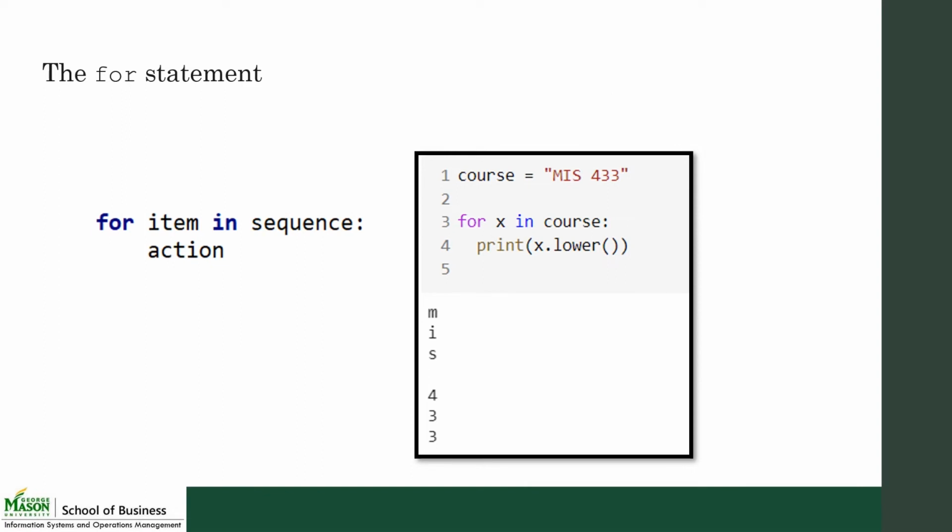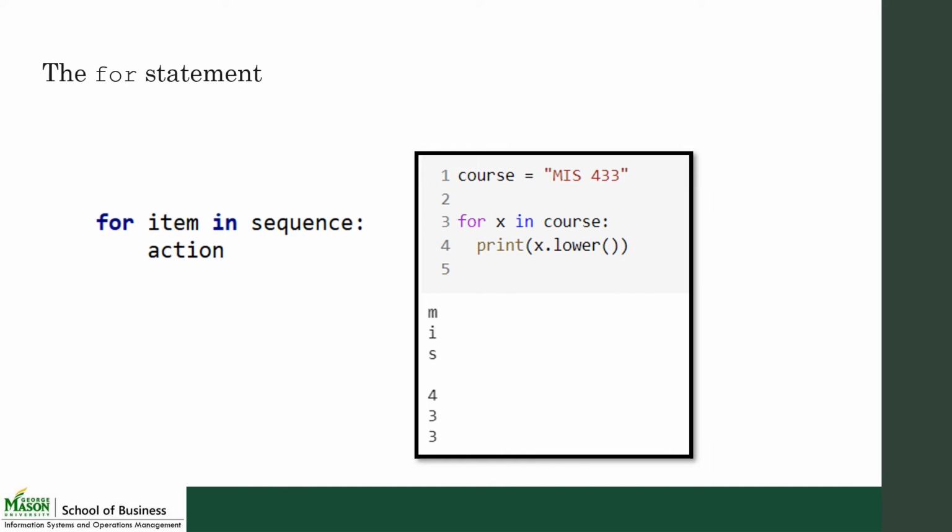Here's an example of a for statement where in line 1 it starts off with a course variable being defined, and then in line 3 it contains the header of the for statement, which will be assessing each item in a sequence. In this case, it happens to be a set of string values, MIS433. The body of this for statement contains a print function that will apply the string method lower.